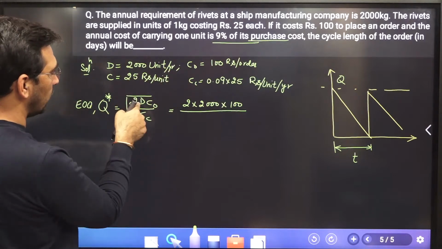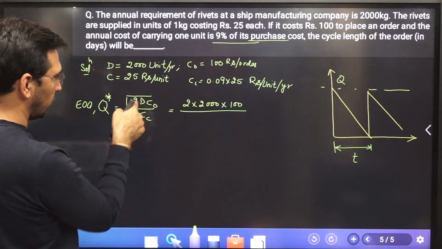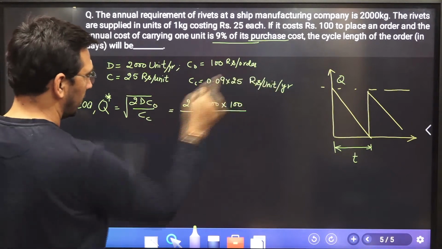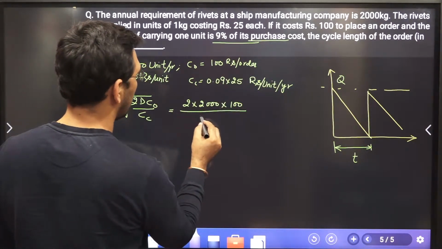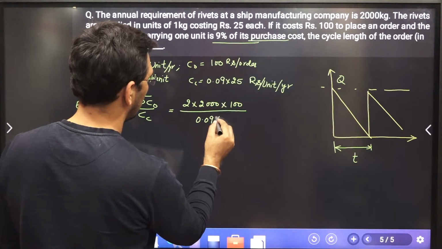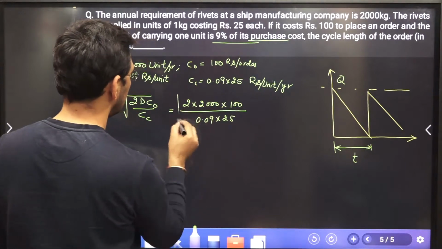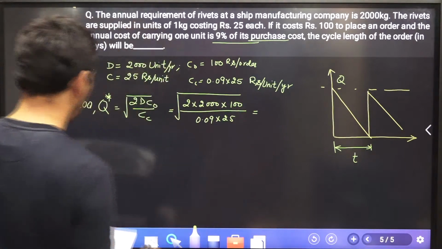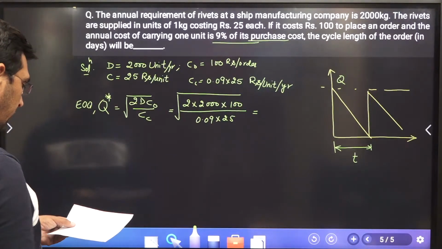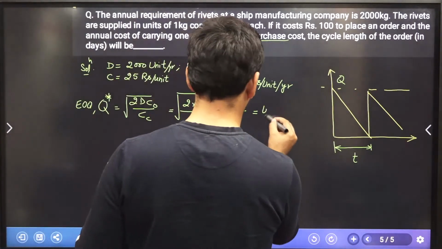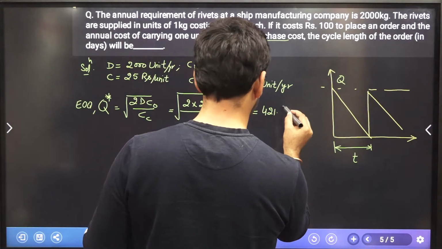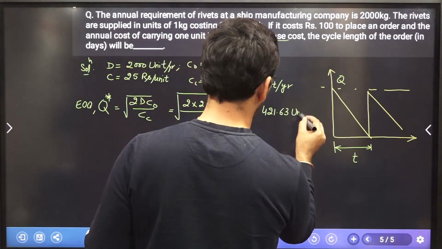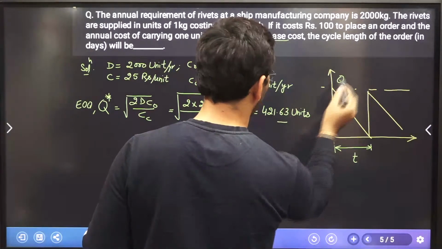If I'm taking demand as annual, then carrying cost I have to take per year only. So I have 0.09 into 25. And the economic order quantity is 421.63 units.